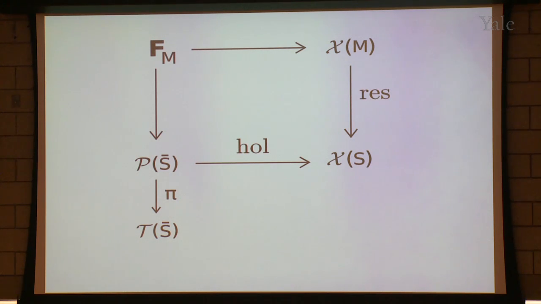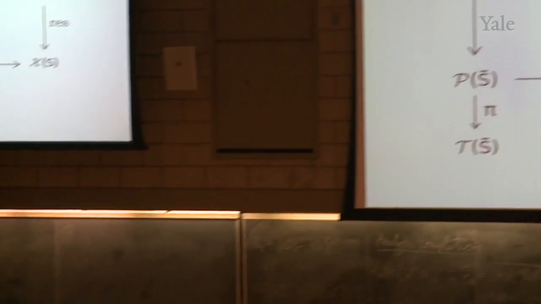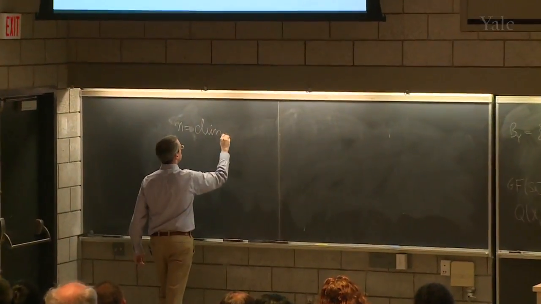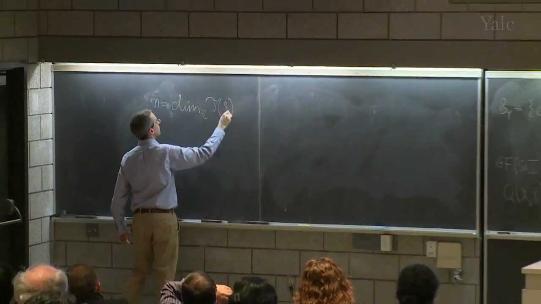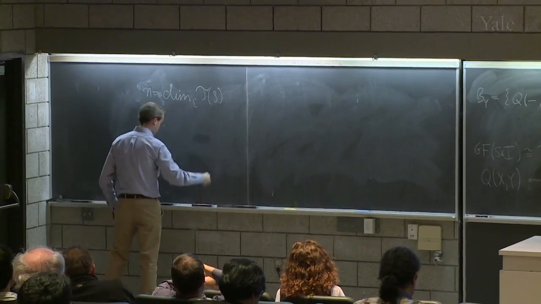Let me just talk about dimensions for a moment. So the Bers slice, and let's say that n is the dimension of the Teichmueller space, with either orientation.